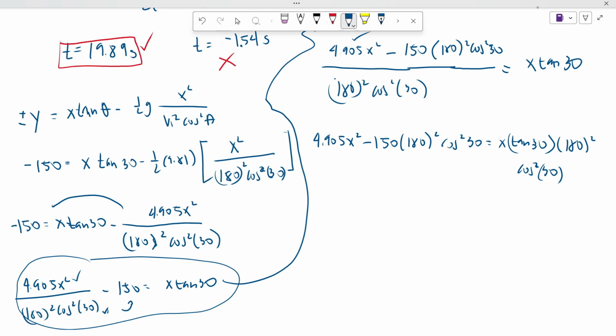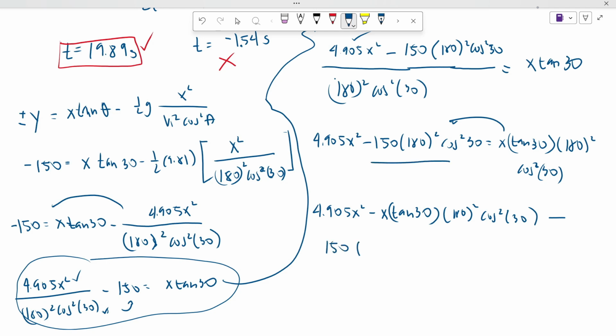So, next, lipat lang natin ito sa kabila para maging quadratic equation. So, magiging negative yun. 30 of 180 squared cosine squared 30. So, minus, dito natin tuloy, 150, copy this one, 180 squared and cosine squared 30 equals to 0.